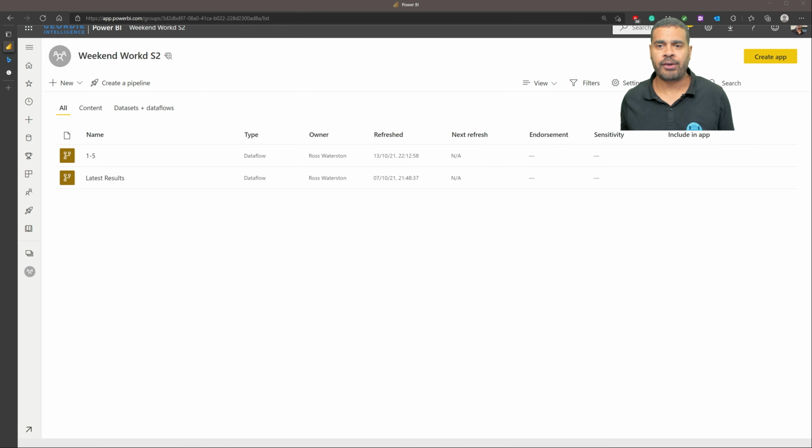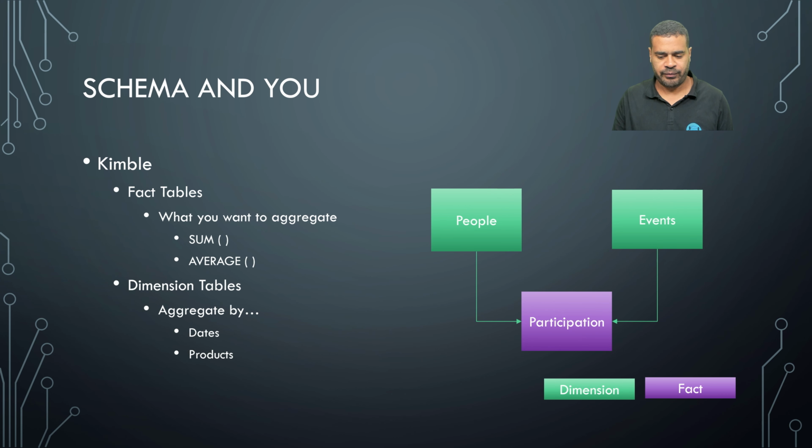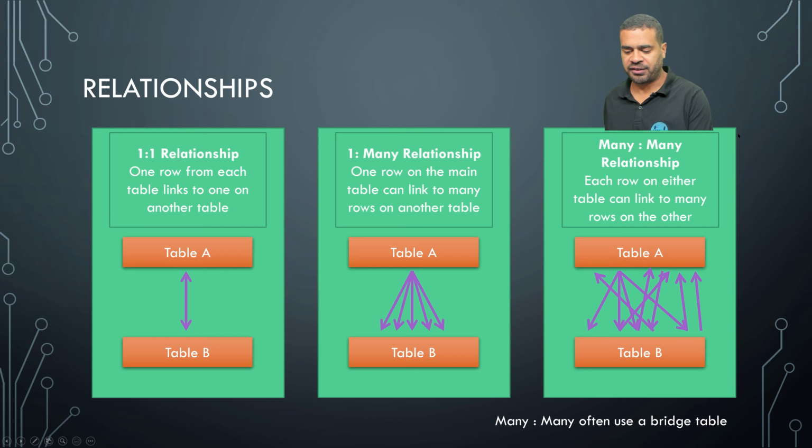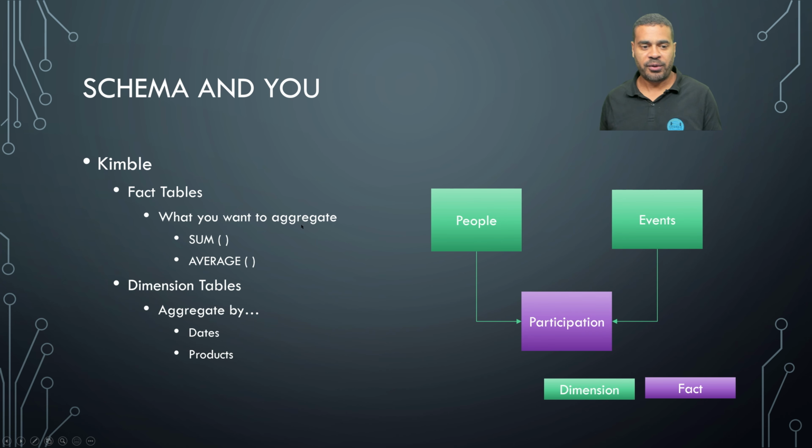So we've got our data in now. Not much more that we need to do, is there? What I said we'd do is let's have a look back at the PowerPoint we were going through. The key thing here is to understand that we're going to start with the schema.